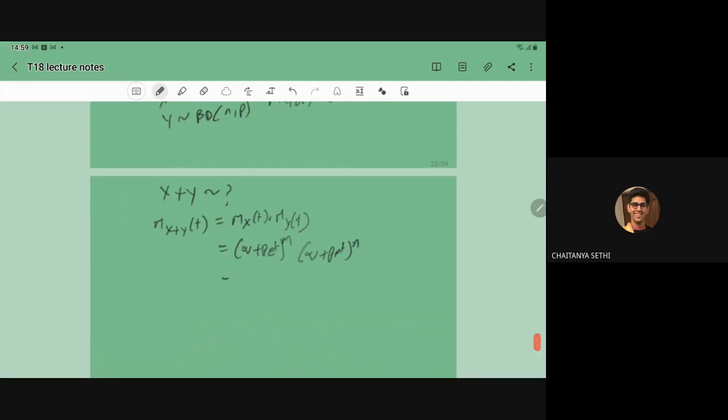So this can be written as (q plus p e to power t) power m plus n. So it says X plus Y also follows binomial distribution with parameters m plus n comma p. That is what we have to do.